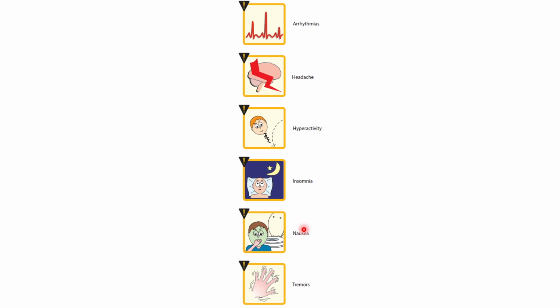And nausea, in case of people that are prone to the nausea, and tremors can be seen in high doses. So, except that there are almost no adverse effects. And these drugs are very safe.